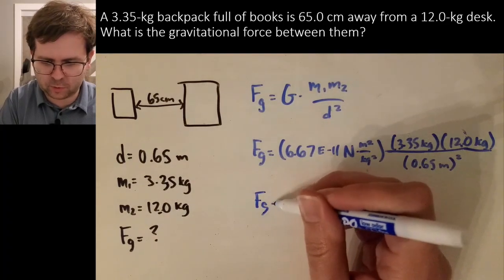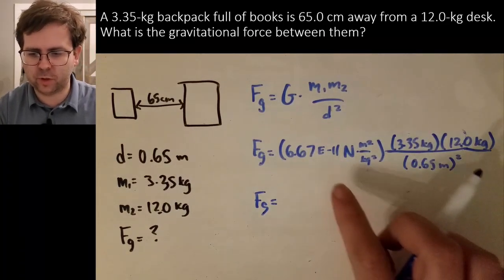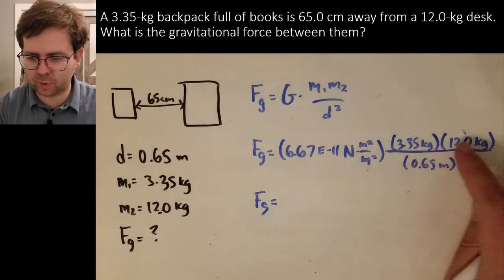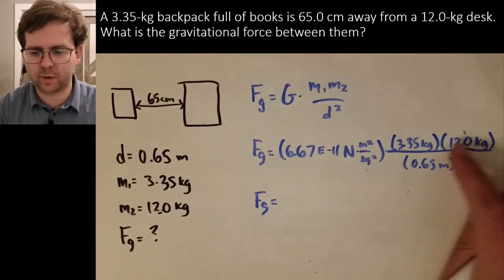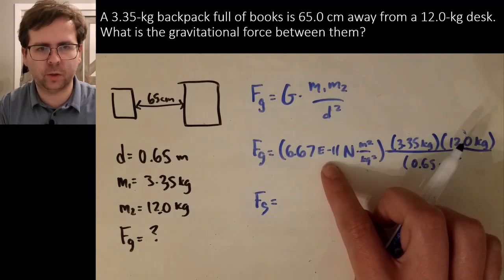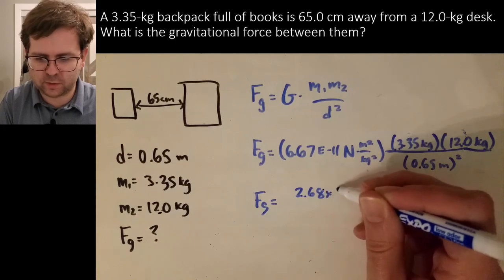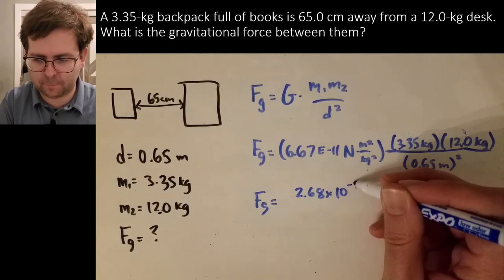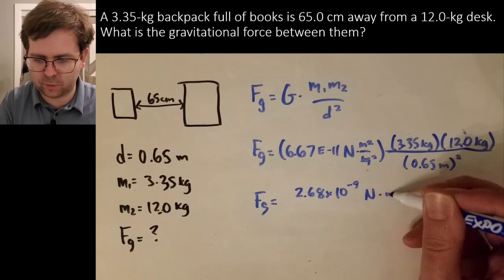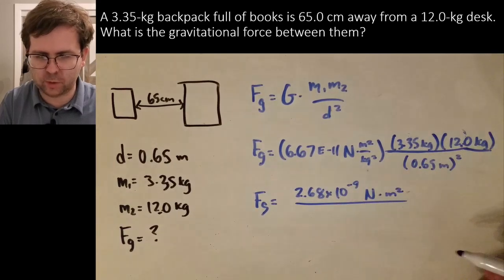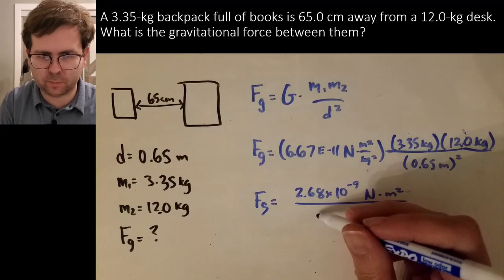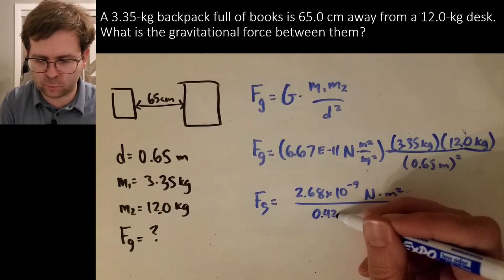So after putting in all my numbers into this equation, I can multiply. I'm going to multiply the 3.35 and the 12 together, and I'm just going to go ahead and multiply this as well. So doing that gives me 2.68 times 10 to the negative 9 newtons times meters squared on my numerator. And then in the denominator, I have 0.4225.